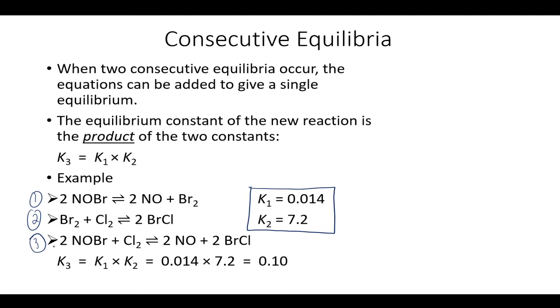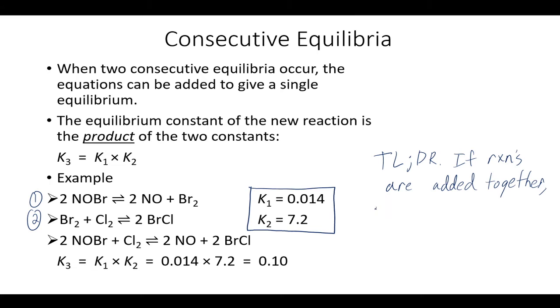The beauty is I don't have to actually run that reaction or look it up in a table of data. All I do is take reactions 1 and 2 and combine them in a clever way. The TLDR here is: if reactions are added together, then we multiply the equilibrium constants together.